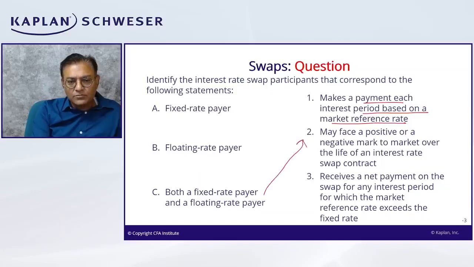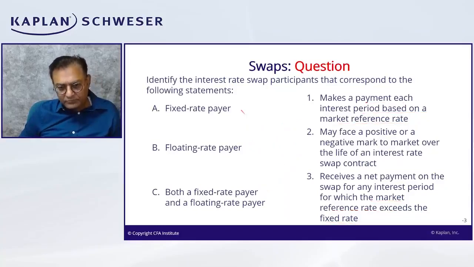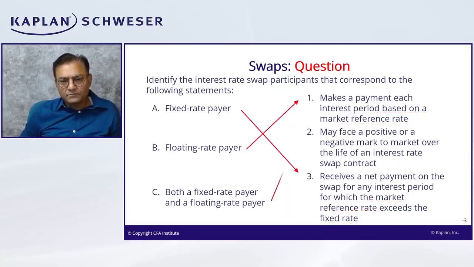So choice 2 would go with C, and choice B goes with 1. So for the fixed rate payer, the only remaining choice is 3: receives a net payment where the market reference rate exceeds the fixed rate. Remember, they are paying fixed rate, and they are receiving floating, which is the market reference rate. So we mixed and matched.